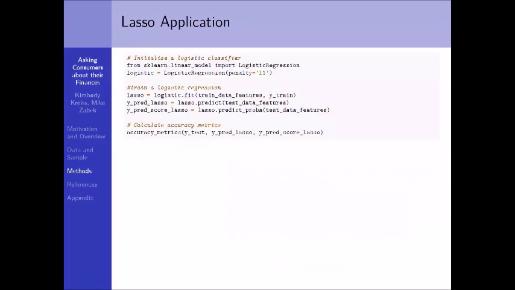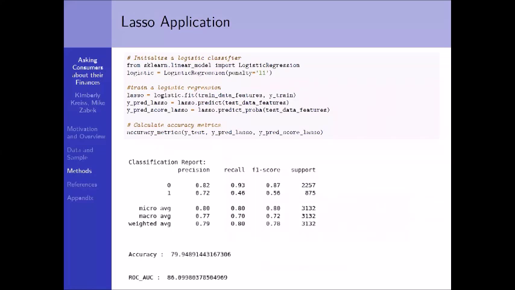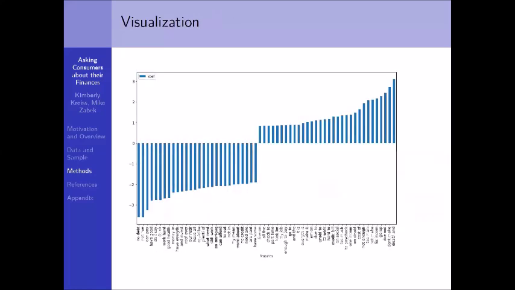And then we did the same thing with the lasso, using scikit-learn and logistic regression with the L1 penalty. When we train the model, we have a pretty similar accuracy report. Recall is similarly the same. Accuracy and our ROC AUC curve are similar. And then this visualization is a little bit different. This is predicting whether or not you're going to say that you're not doing okay.